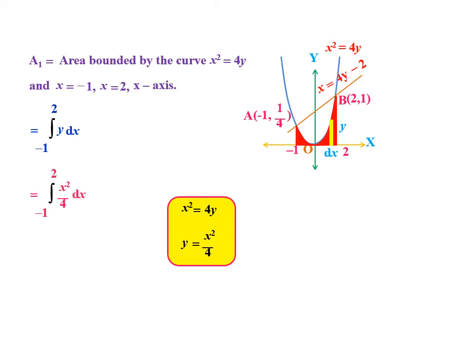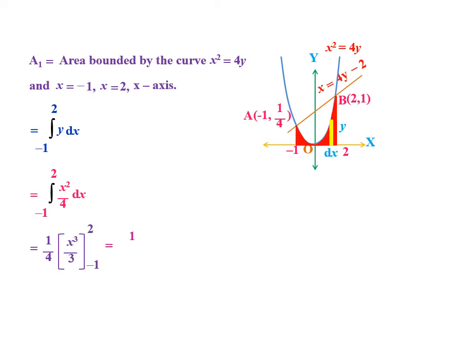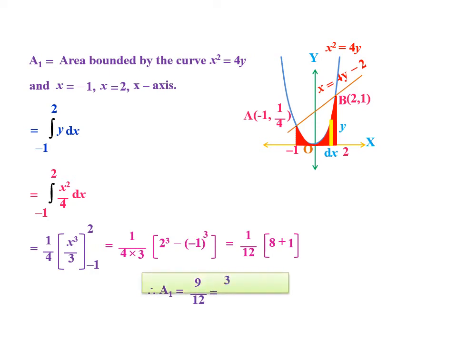The value of y is x square by 4. So on simplifying, 1 by 4 into x cube upon 3 from minus 1 to 2. So 1 upon 4 into 3, 2 cube minus (minus 1) cube, which equals 1 upon 12 into 8 plus 1, which is 3 upon 4 square units, the required area.